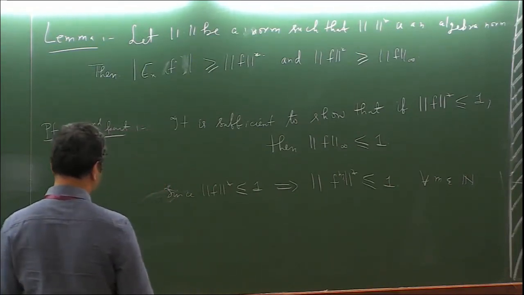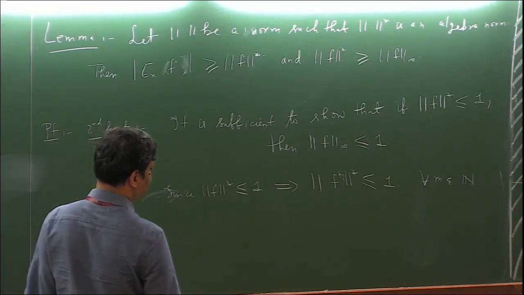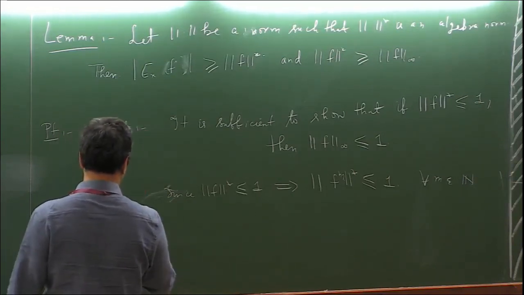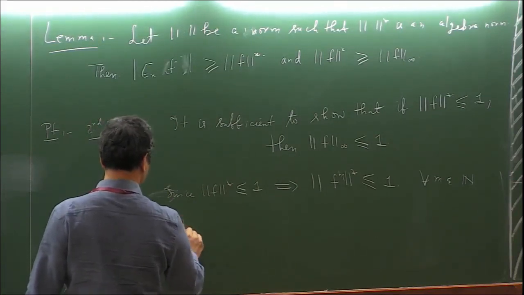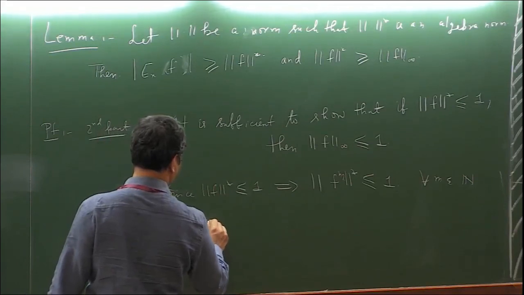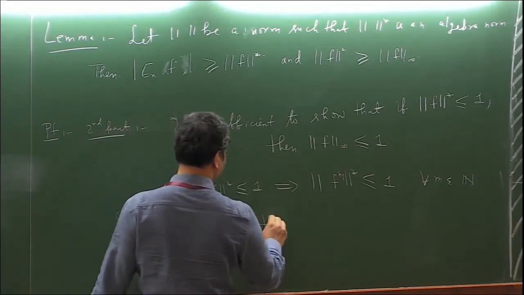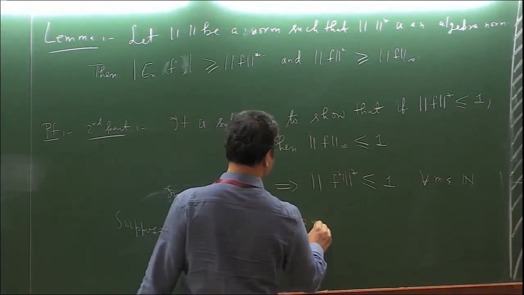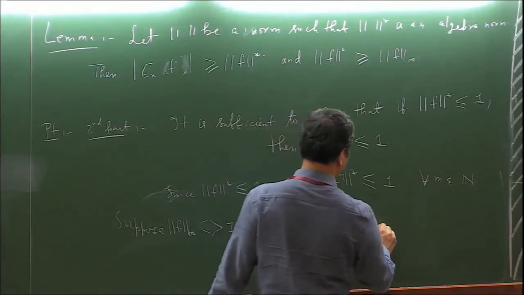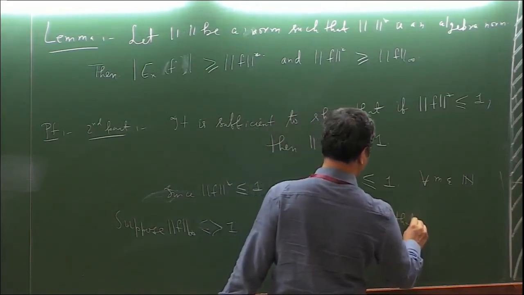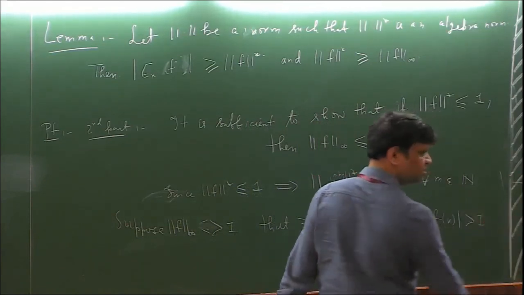Now suppose the L infinity norm is greater than 1. That means what? That there exists x belonging to Z mod pZ such that the modulus of f(x) is greater than 1.